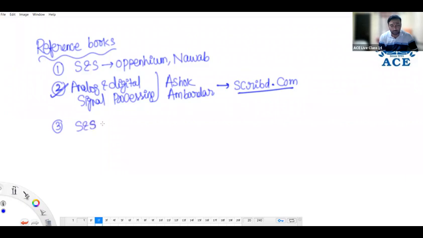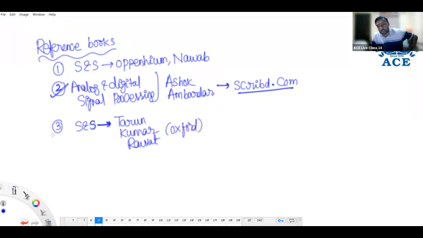For those who don't have any basics at all, you can follow this book, Signals and Systems by Tarun Kumar Rawat, from Oxford Publications. He is the copy master. He has copied all the best examples at one place from different textbooks. Nothing new has been written.